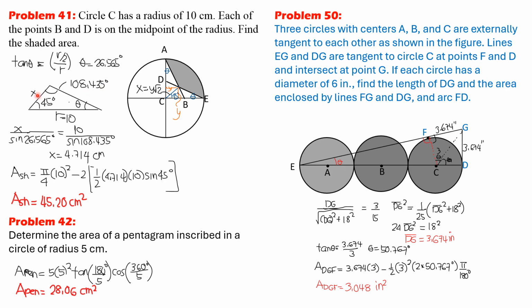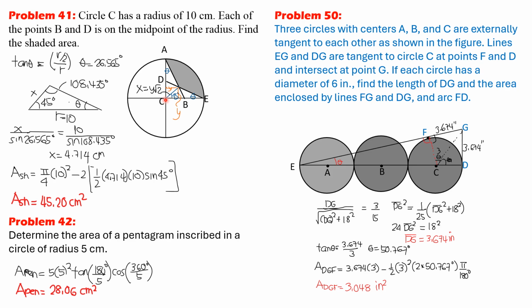Then by sine law, to solve for x, x is to sine 26.565 degrees equals R, 10, is to sine 108.45 degrees. So x is 4.714 cm.